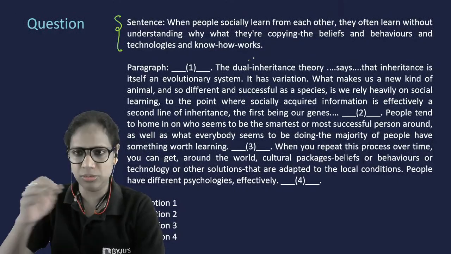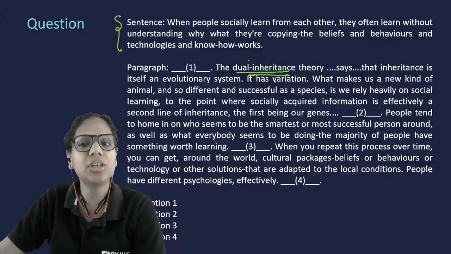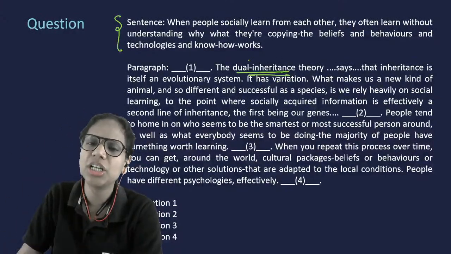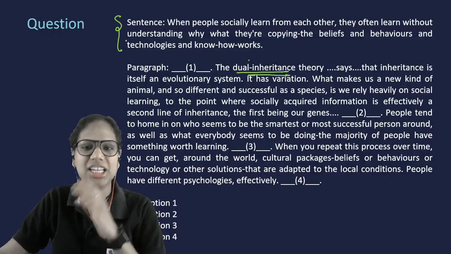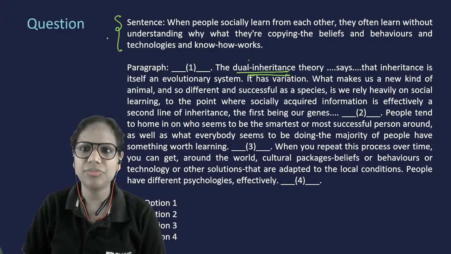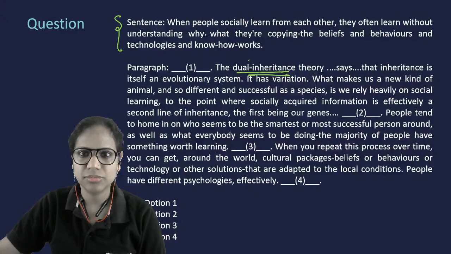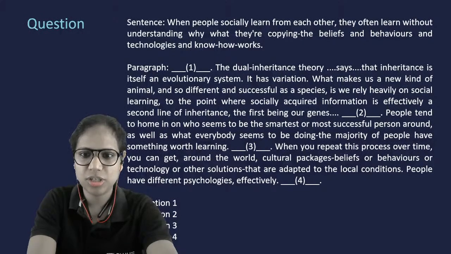It's possible that you do not understand what dual inheritance theory exactly is, but even if you're able to get a gist of it, a rough idea of it, and you're able to just plug it, that's all that is required. Read and tell me.